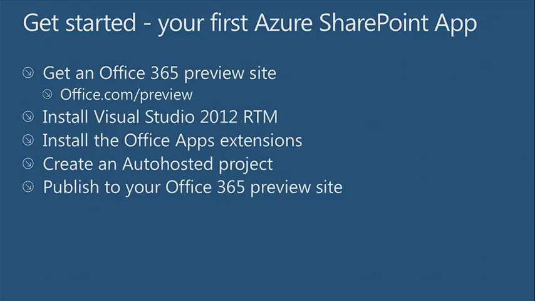Start with the auto-hosted one, and get that published into Office 365. Once you've sorted that out, modify the default.aspx to do whatever you want. Try out different ideas. Then maybe go for a provider-hosted app and stand up your own Azure environment. If you've got an MSDN subscription, you can stand up an Azure environment, get 10 websites and other services, and start building provider-hosted apps.